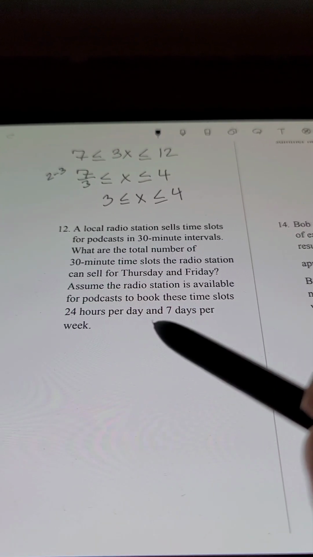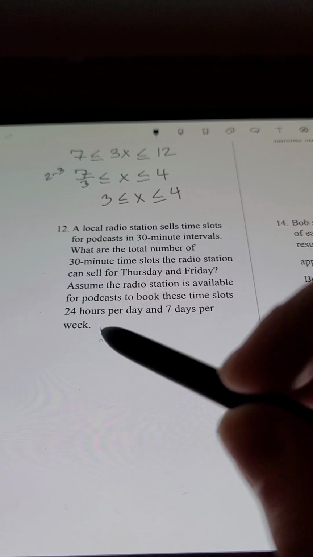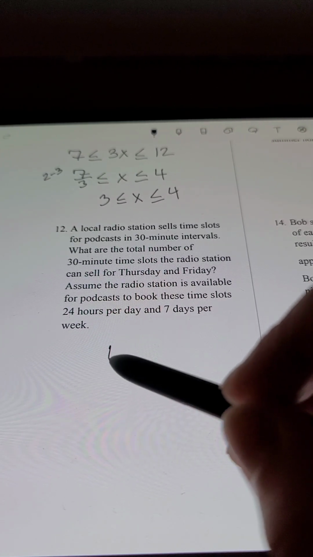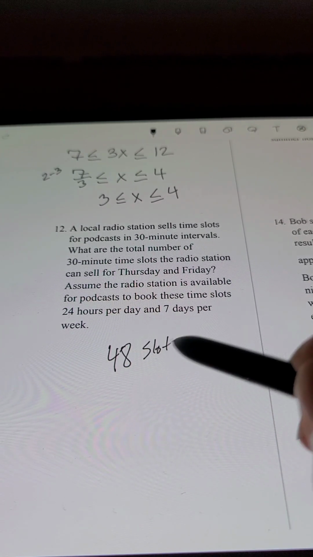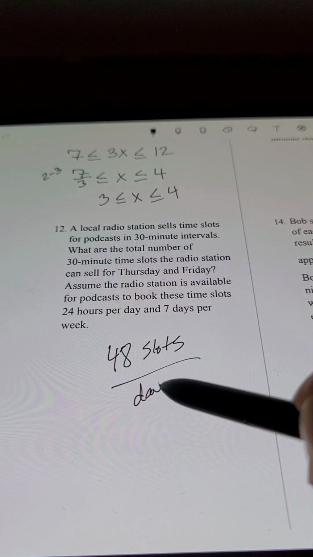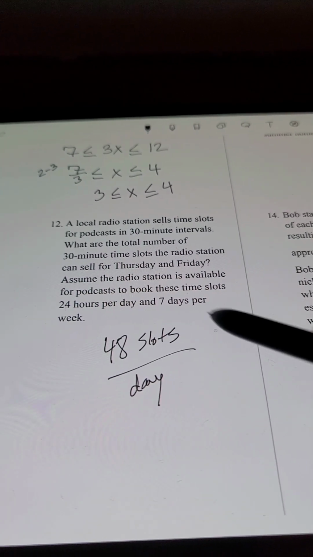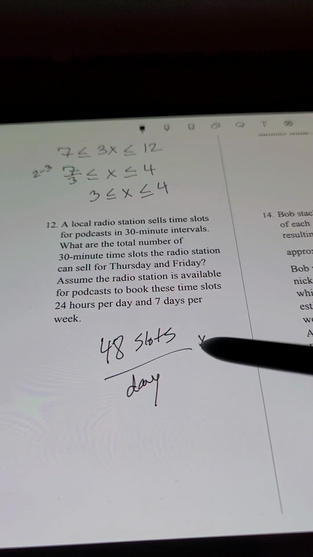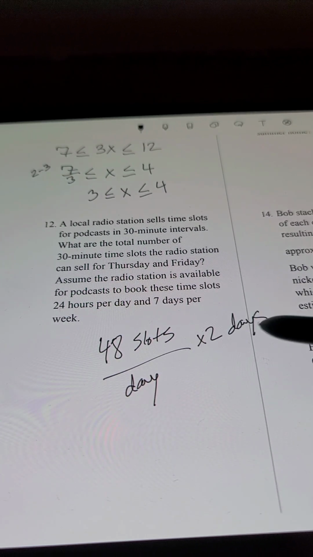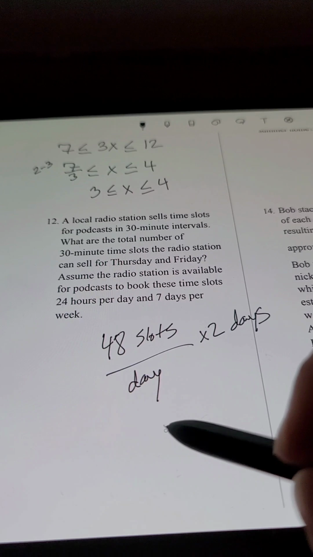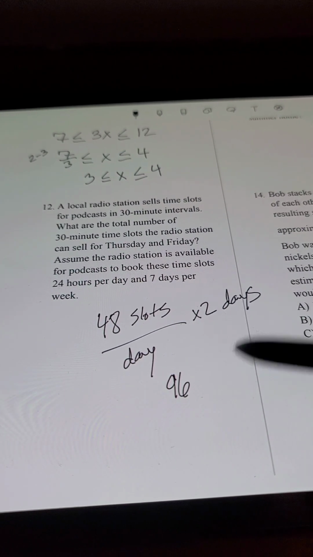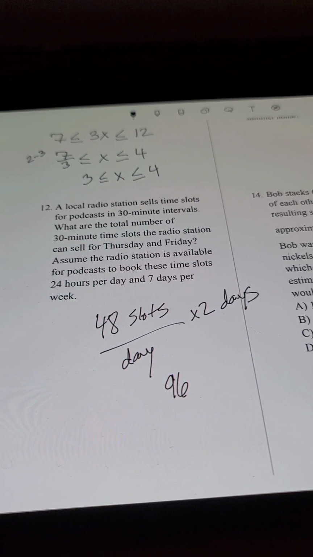So every day has 24 hours, meaning there are 48 slots per day. And then we are saying that this is happening for 2 days. So then that's going to give us 96 slots as our answer.